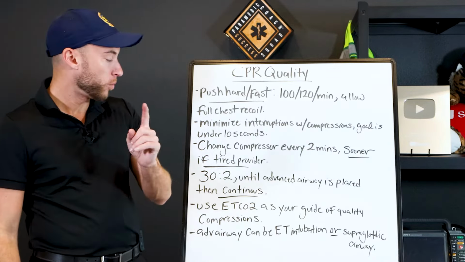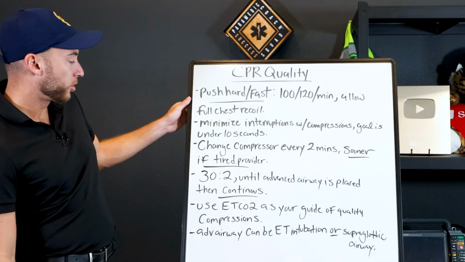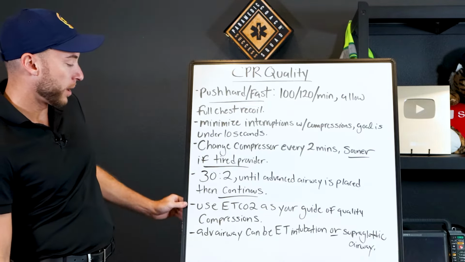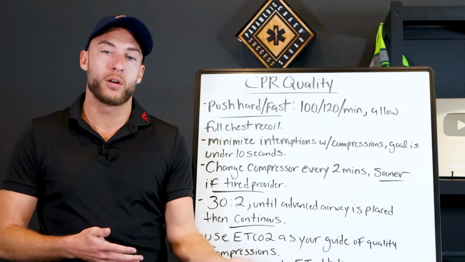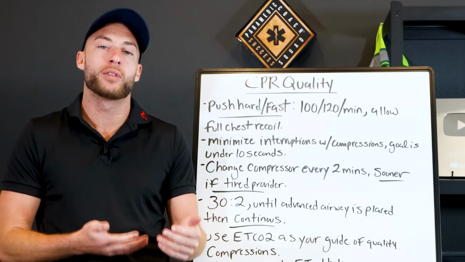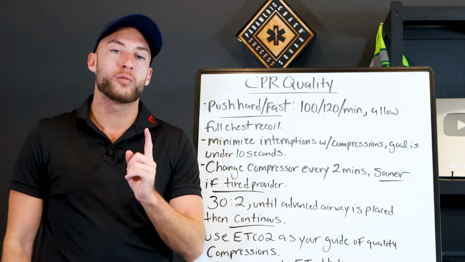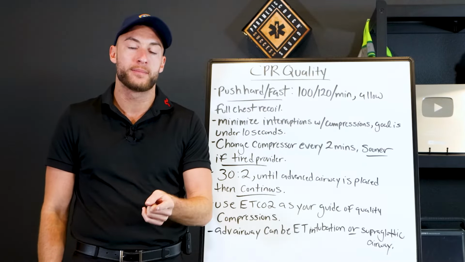Now, here is where I'm going to come down here on that subject. Let's talk about the advanced airway, which is all the way down here, okay? With the advanced airway, now we know what I talked to you about earlier. We don't just jump on an advanced airway because there's other important things to do first. But what is one perk of having the advanced airway in place?